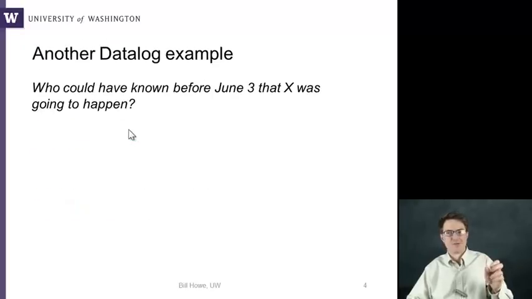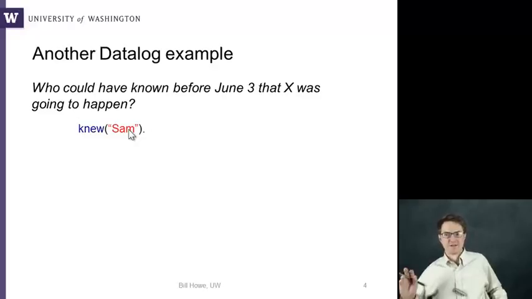So let me give you one more example. Who could have known before June 3rd that some event was going to happen? Maybe you know for a fact that someone named Sam knew. Okay, so you're starting from that point. Well, who else could have known? Using this same trick we used to build up a contacted relation, you can do this again.